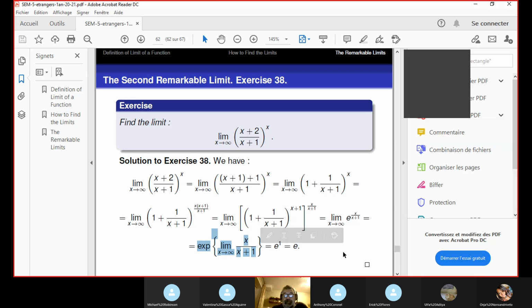So in fact, you see, the limit of e to the power x over x plus 1 will be exactly the exponential function of the limit, and this limit, x over x plus 1 as x goes to infinity, is 1. So the desired limit is e.